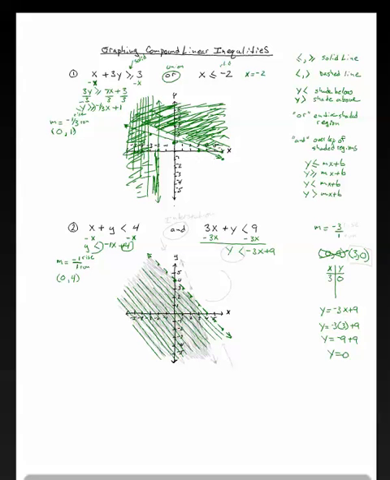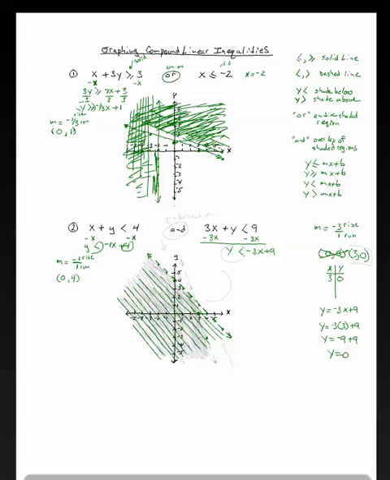So I go to x is 3, y is 0. That's this point right here. And now I will use my slope. Rise over run. So my rise is negative 3, so I go down 3, 1, 2, 3, and then I go over 1 and put my point.